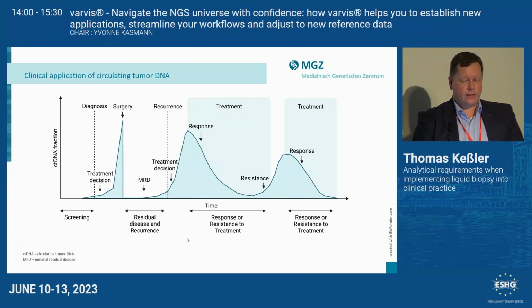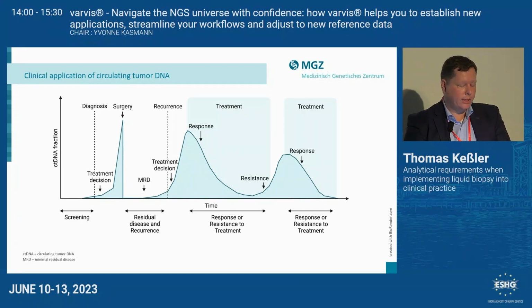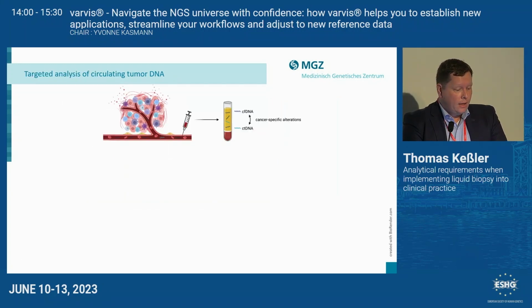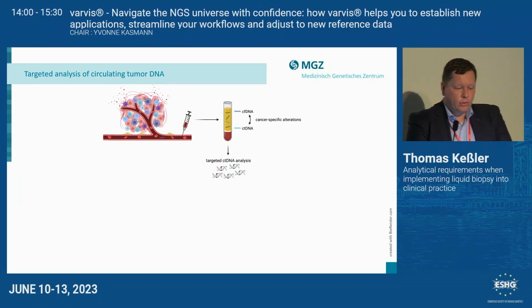So the basic application of circulating tumor DNA detection can be either here at the beginning, before cancer occurs for screening, but more importantly also to detect minimal residual disease, response or resistance to treatments, and also over time during various treatments. As I said, the trick is to define the circulating tumor DNA based on cancer-specific alterations.